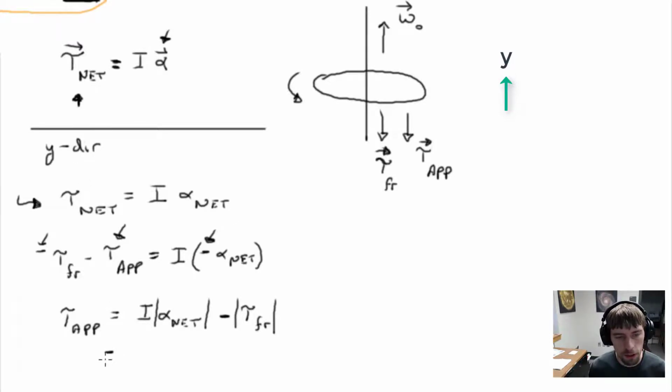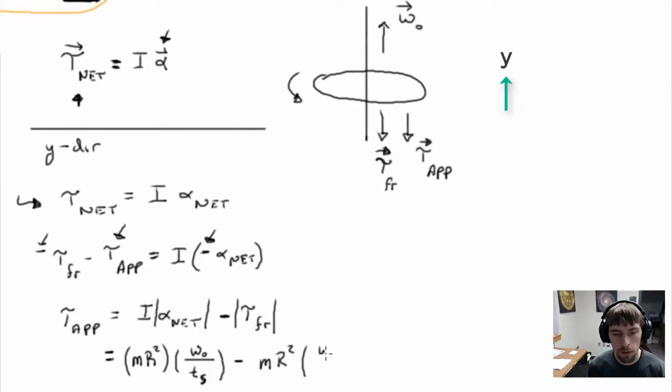If we wanted to do it in terms of variables, this is the mass of the disk times r squared, m r squared, times omega naught over what I'll call T, I'll put an S here for short, minus, well, shoot, how did we actually find the torque due to the frictional force? We also multiplied by I. So I have I here, and what do we do? So I have m r squared.